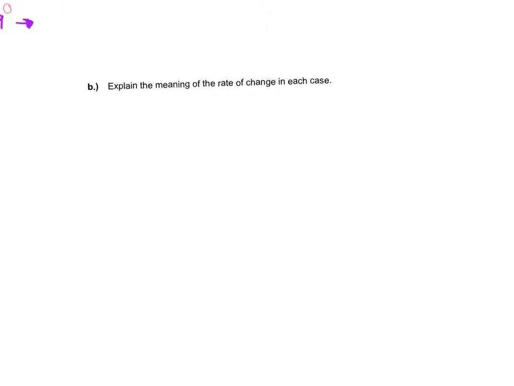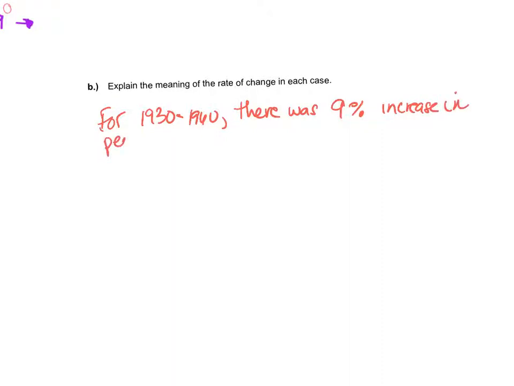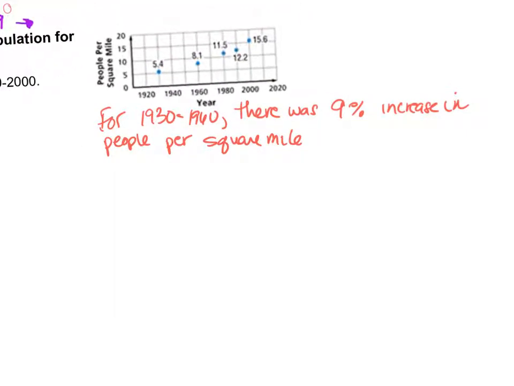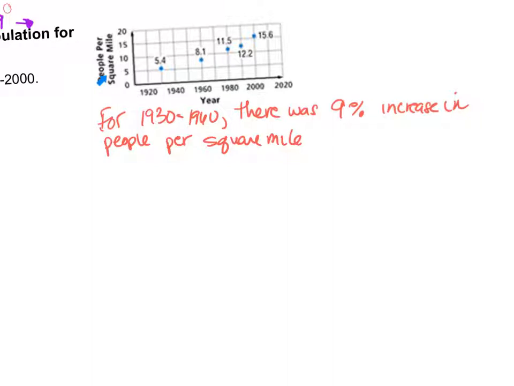That was that for 1930 to 1960, there was a 9% increase in people per square mile. Because if you recall, we look here and it says people per square mile.